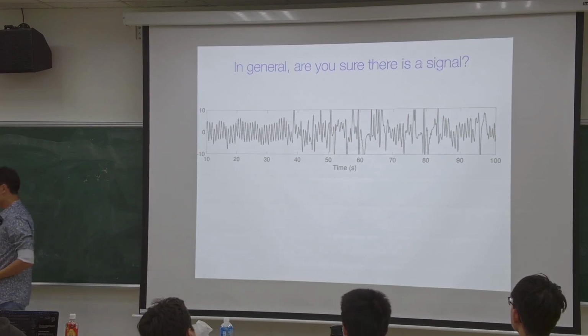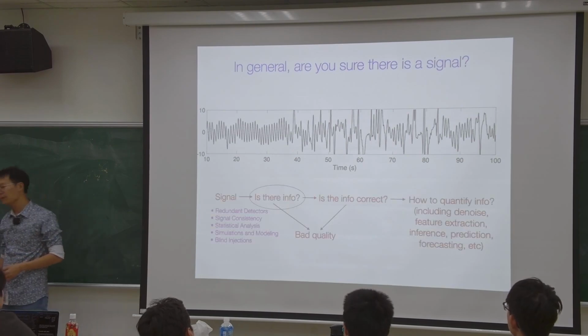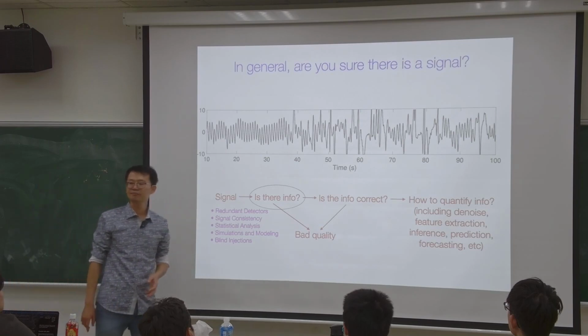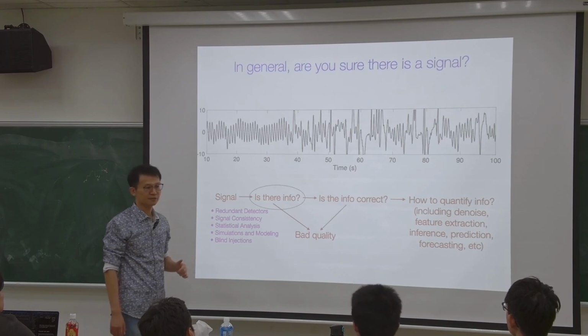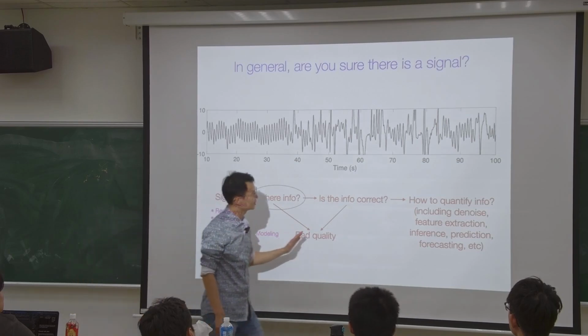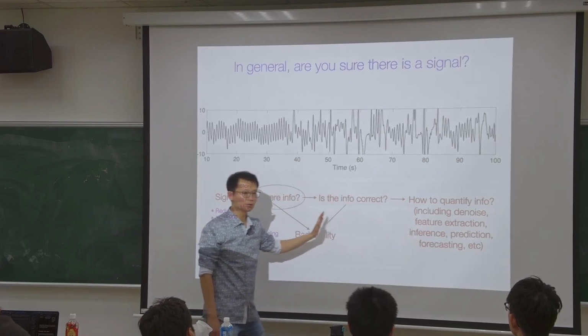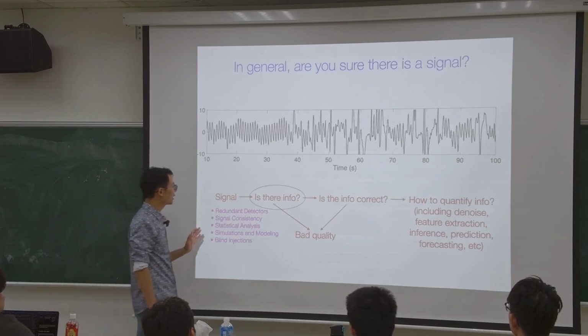And I said that to study this kind of time series, from my perspective, science is very important. We need to follow the scientific thinking process. But what is the scientific thinking process? Before you do some kind of science, you need to pay attention and take care of the data quality.